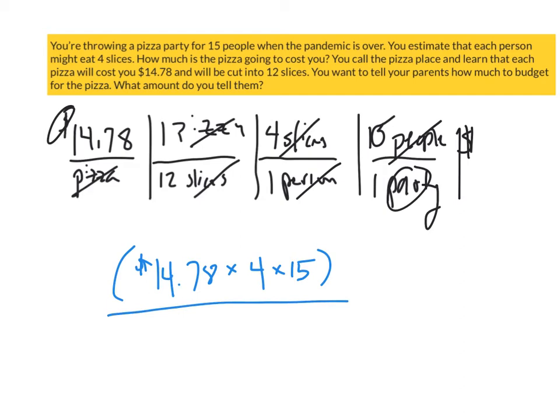I need to multiply everything on the bottom, so I've got 1 times 12 times 1 times 1, so I don't have to do any multiplying there. And then that should eventually give me my total of $73.90 for the party. So that is what we can tell our parents to budget.